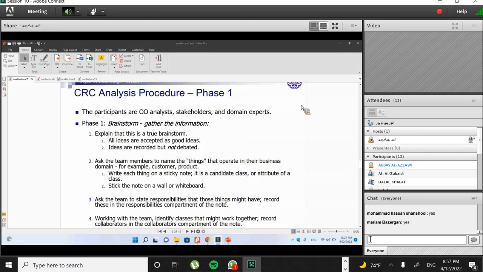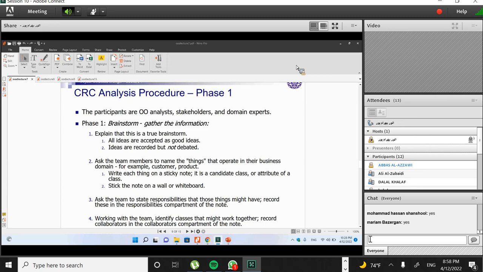As for the procedure, it defines an important activity in doing analysis class in the analysis phase by CRC card, which is named brainstorm.